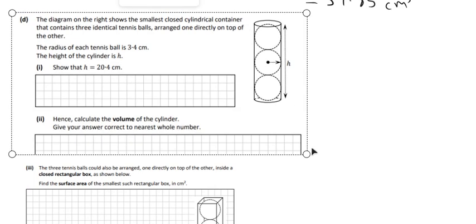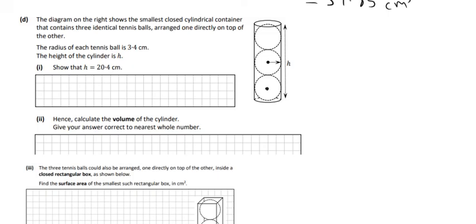Now part D, show that H is equal to 20.4. The radius of each tennis ball is 3.4. Therefore, if you look at the shape there, that distance there is 3.4.